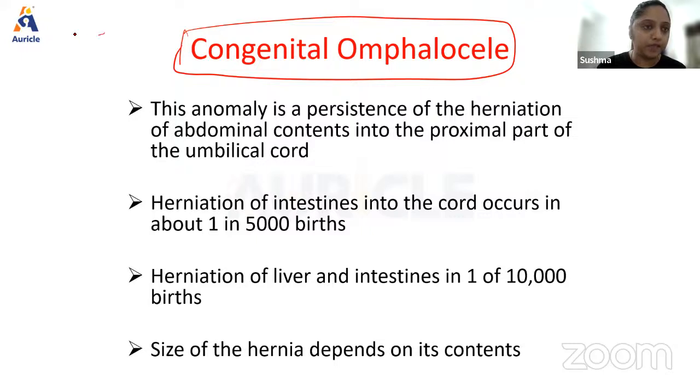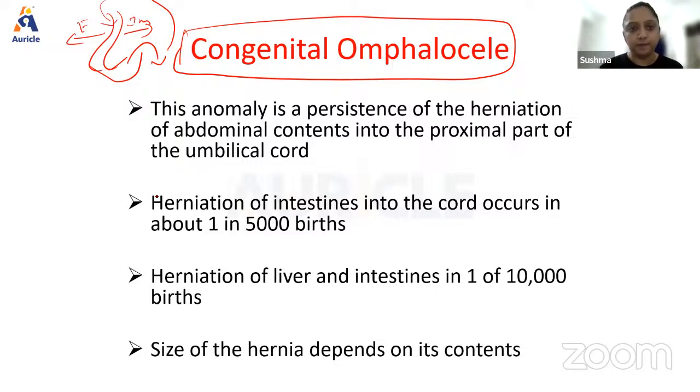First, there is a communication between the extraembryonic and the intraembryonic coelom, and the developing contents, like the intestines, physiologically herniated out and then returned back into the abdomen. Suppose the developing intestinal loops did not come back; what happens is congenital omphalocele.